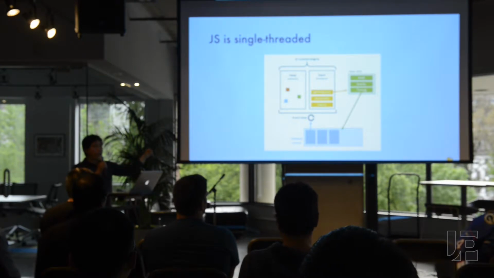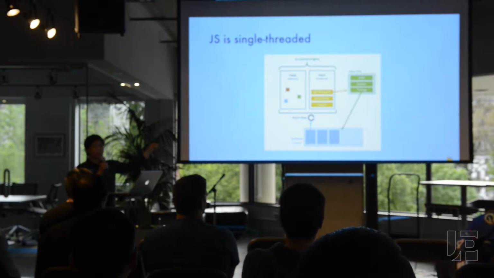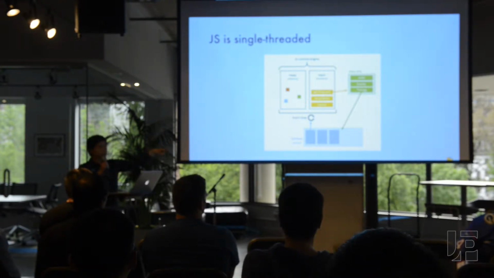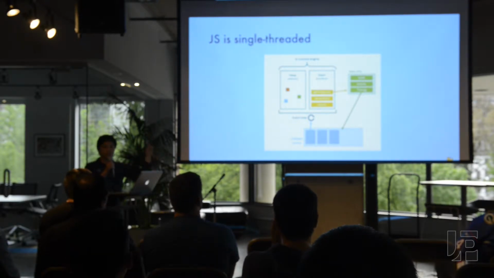That function doesn't actually get run until the stack becomes empty enough. Once the stack has enough capacity, a mechanism known as the event loop goes and gets a callback from the callback queue, also known as the message queue or task queue, and puts it on the call stack, and that's when your code is actually run. That's when your function is called back.